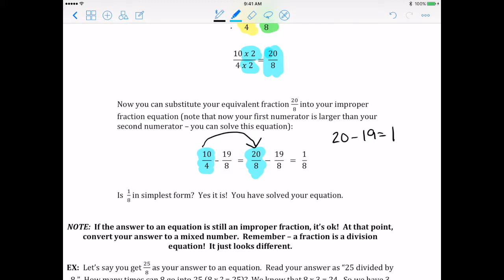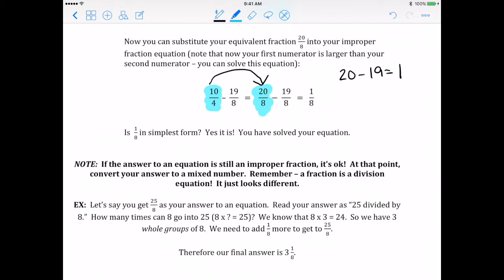Now, I want you to note something. If the answer to an equation is still an improper fraction, it's okay. At that point, convert or change your answer to a mixed number. Remember, a fraction is a division equation. It just looks different.